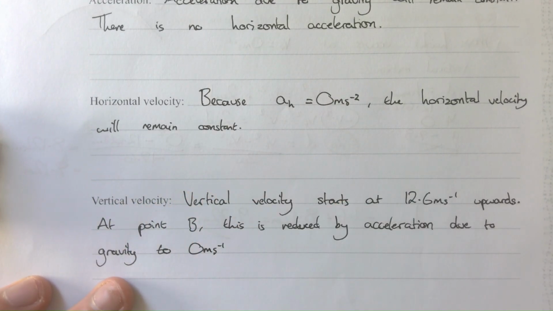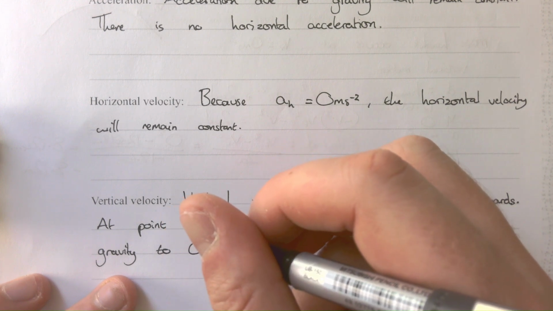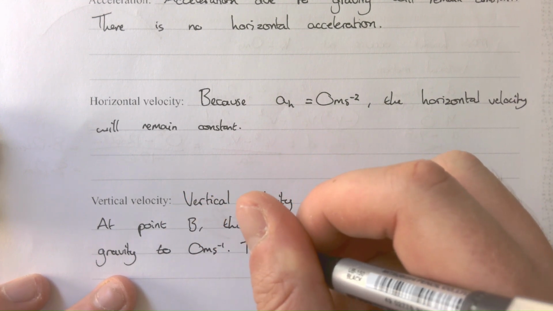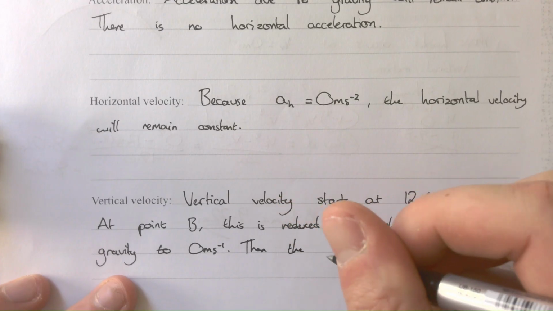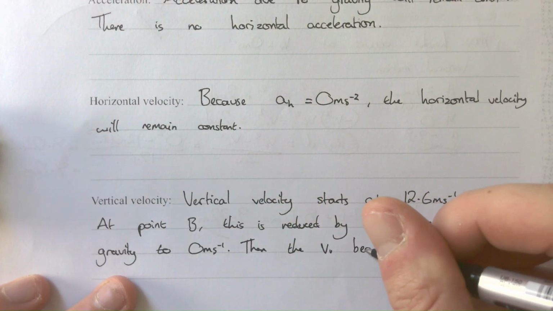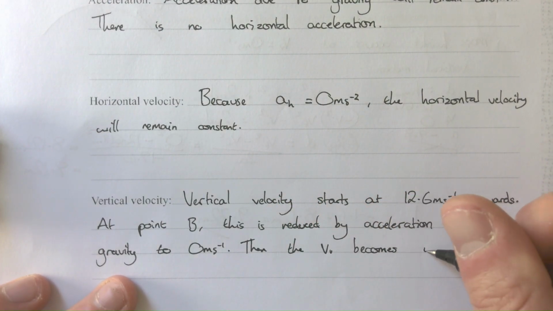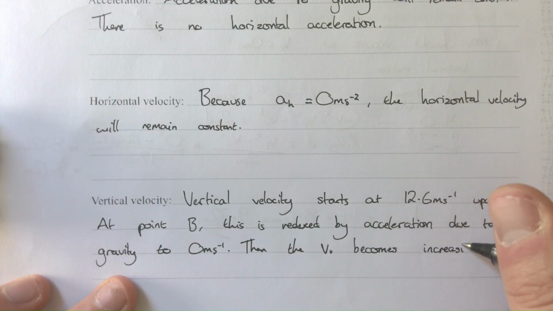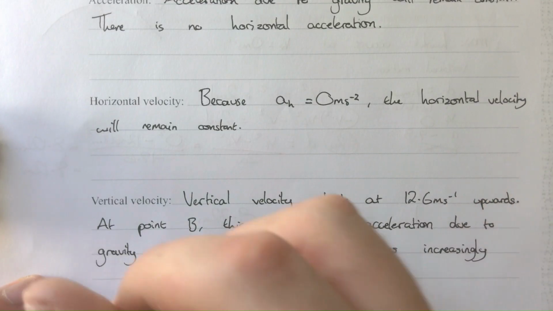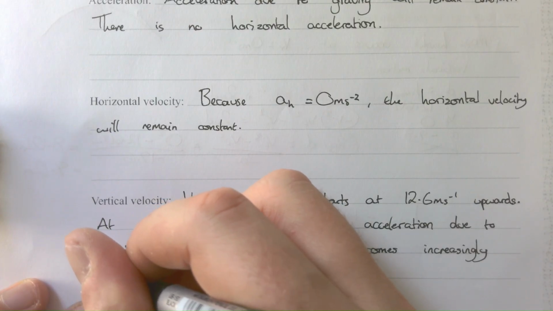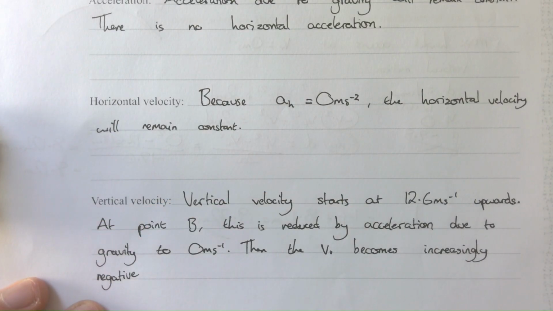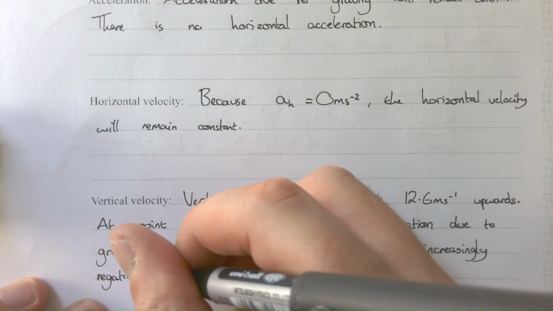At that very apex of the curve, at the zenith of the curve, we have 0 meters per second of vertical velocity. Then the VV or vertical velocity becomes increasingly negative, because the negative is just directional, until it hits the ground.